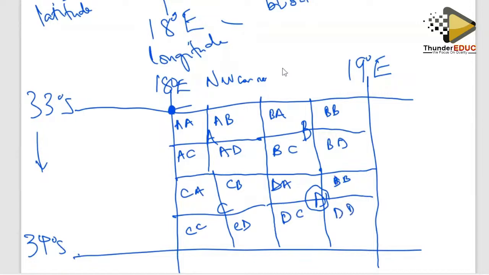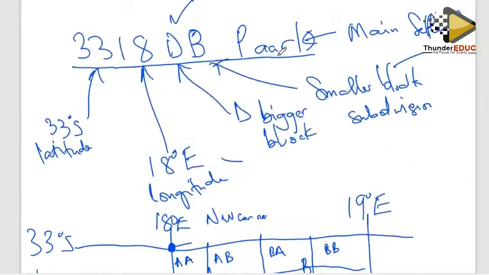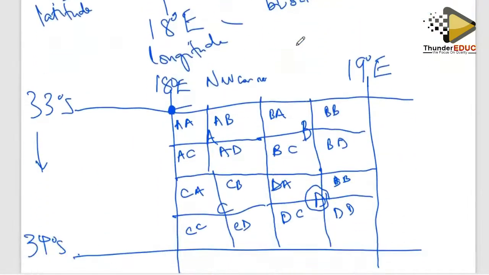So what are we saying? These are our subdivisions of those blocks. So when we are talking of 3318 DB, it means the mapped area is under bigger block D and smaller block B, which means our mapped area is this particular section here. This is where we extract a map with a reference of 33 degrees to the south, 18 degrees to the east, according to the northwest corner of the block.